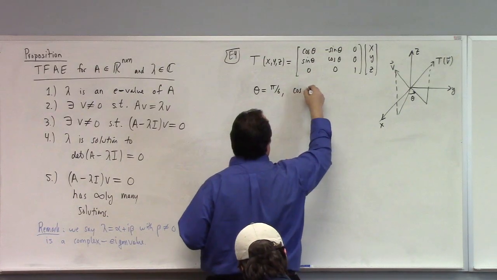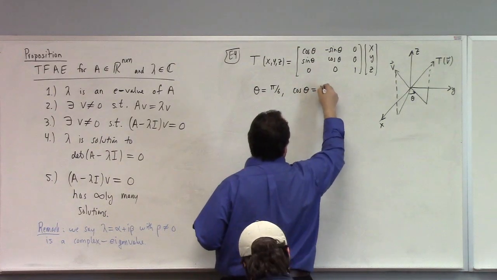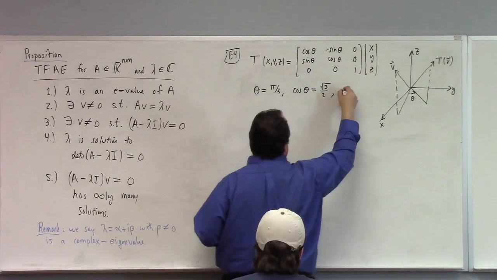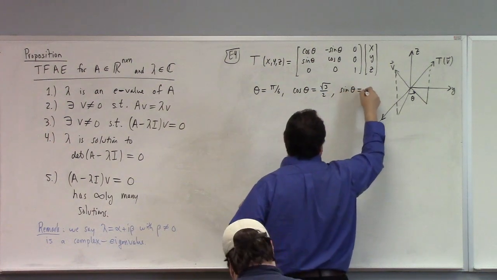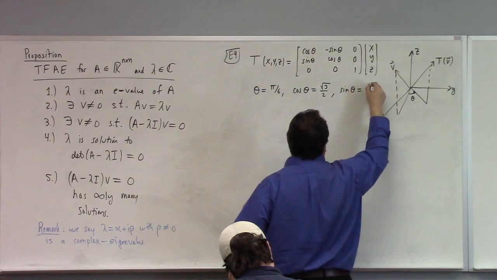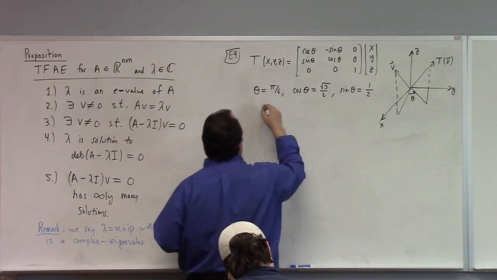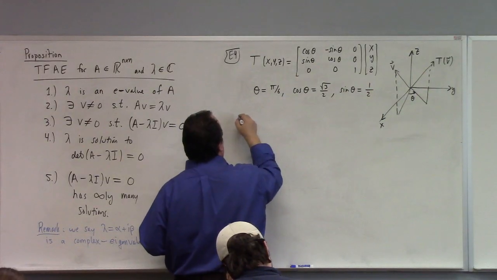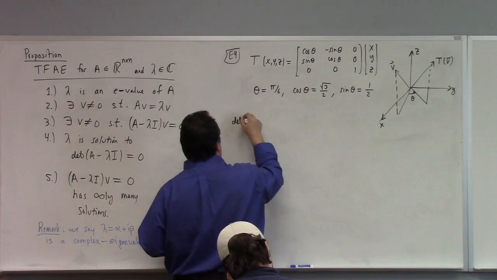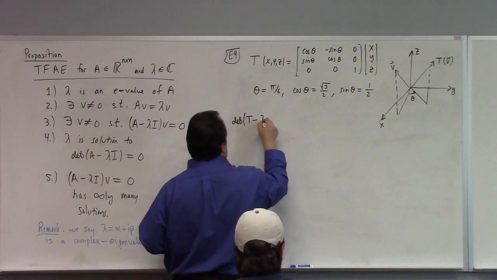So then cosine of theta is what? Root 3 over 2. And sine theta is what? Yeah, 1/2. Okay, so what is the determinant of T minus lambda equal to?